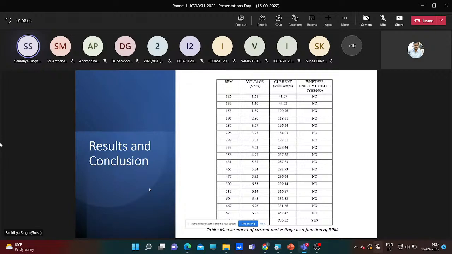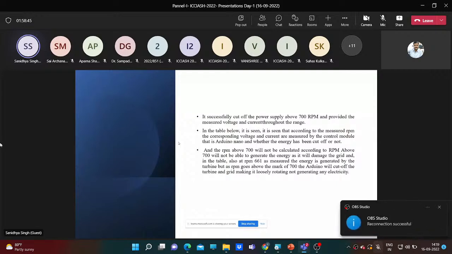You can see that until 700 RPM, the power generation is available. But as you reach 700 RPM, the power generation is cut off.